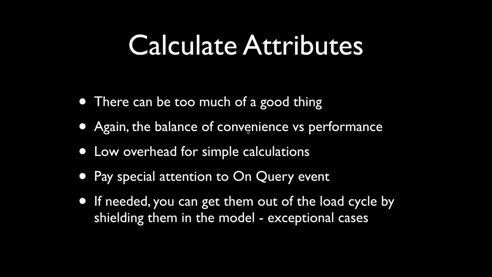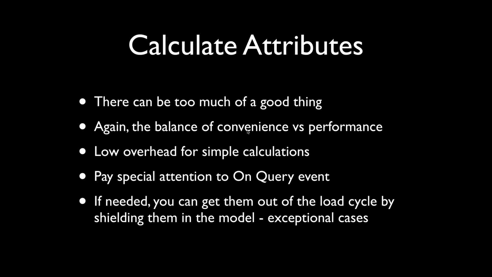Calculated attributes. Calculated attributes are an excellent tool used in the right context. There can be too much of a good thing. It's the classic case again of balance of convenience versus performance. There's low overhead for simple calculations. The classic example is a full name. Absolutely no problem there.